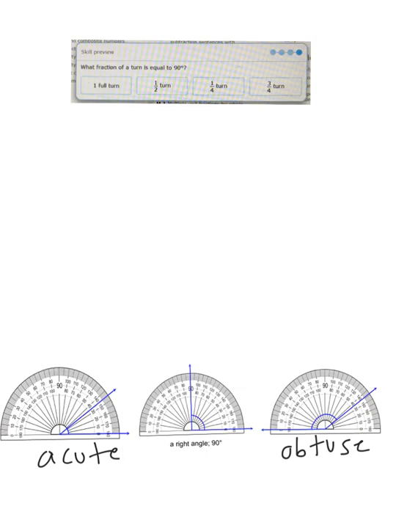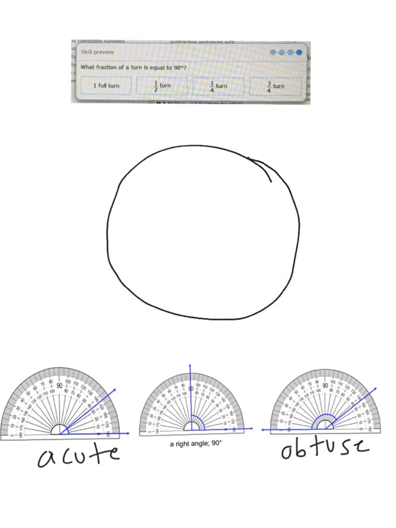The last example I want to look at in this video is this one. What fraction of a turn is equal to 90 degrees? Let's talk about that first, and then we'll look at these options. When you think about a circle, this is 360 degrees in total.